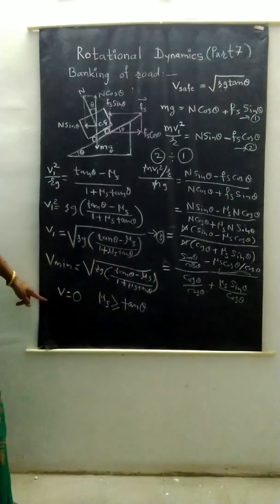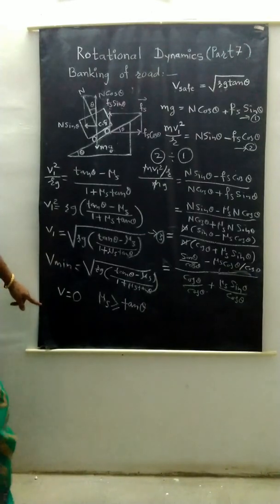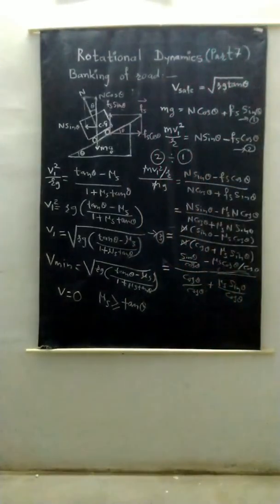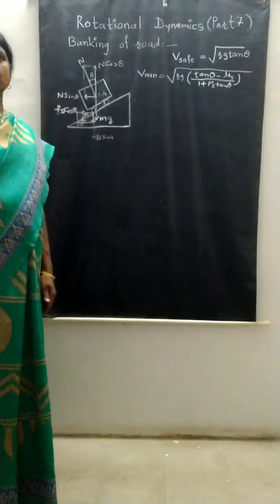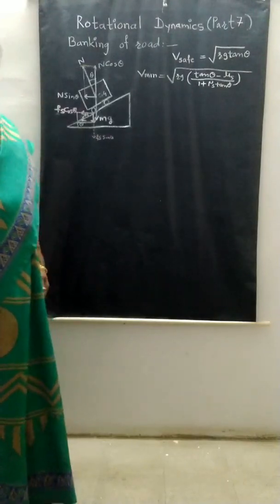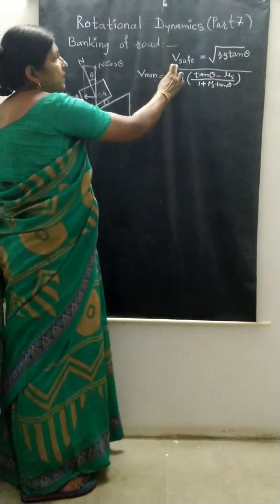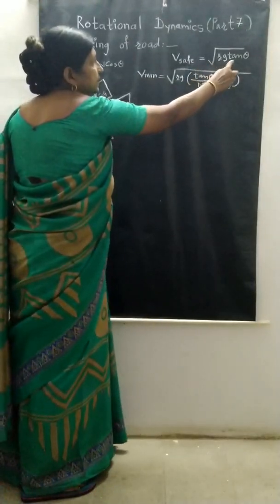Then we shall find the upper limit of the speed. So let us find the upper limit of the speed. The safe speed is given by V safe is equal to under root rg tan theta.